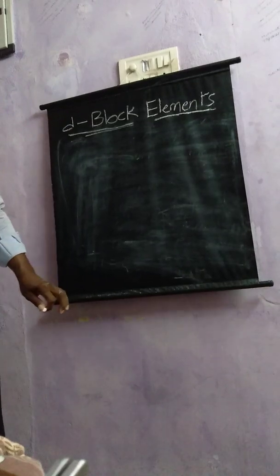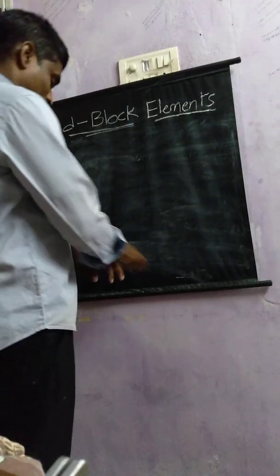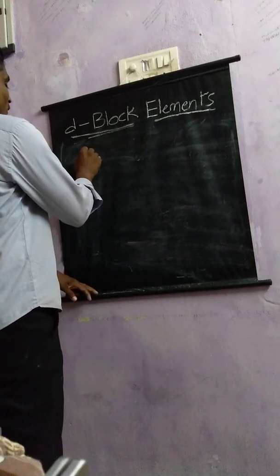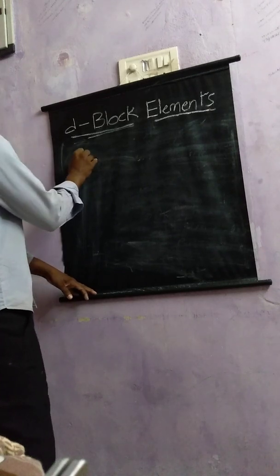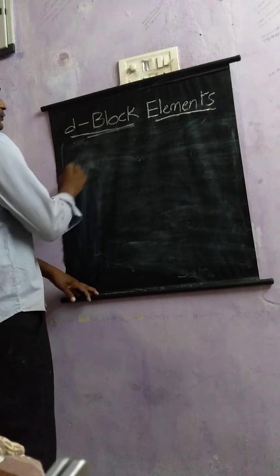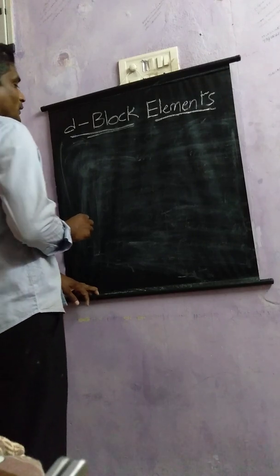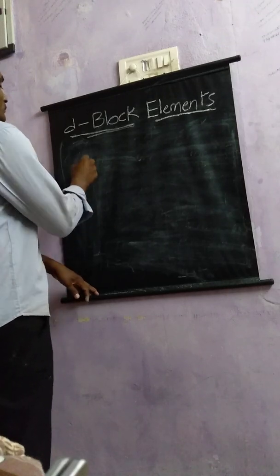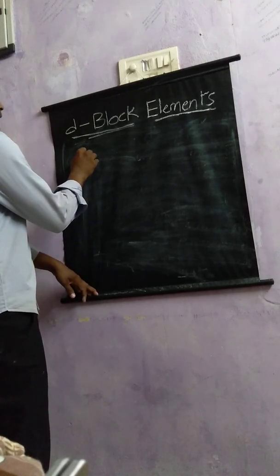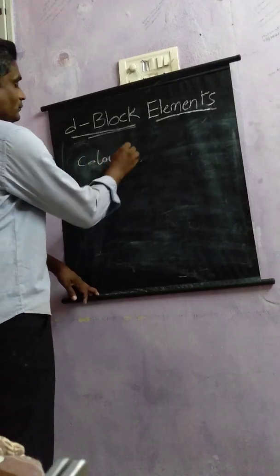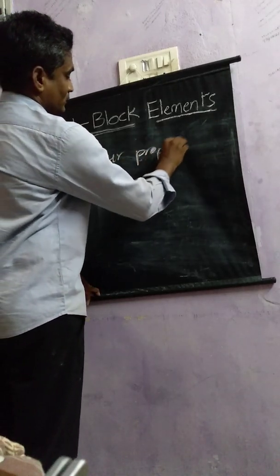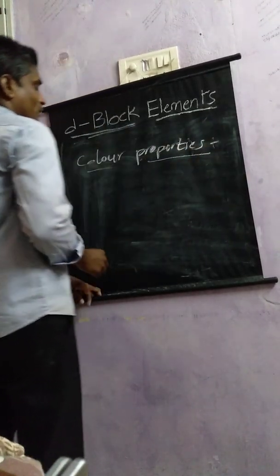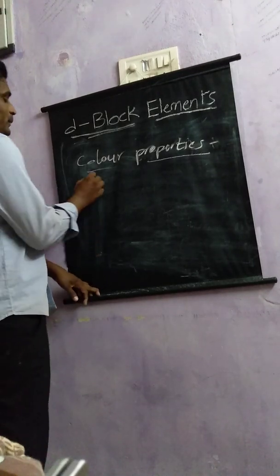Next, from the properties of d block elements, let us discuss color properties.